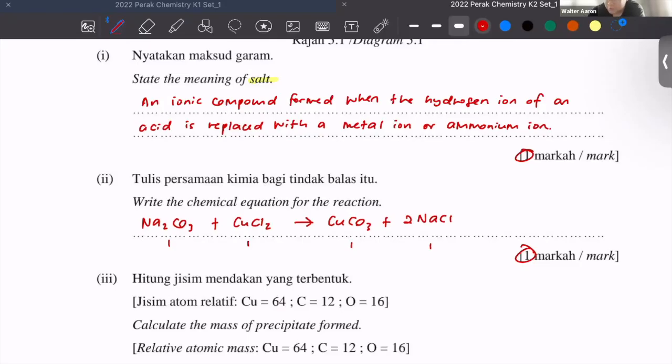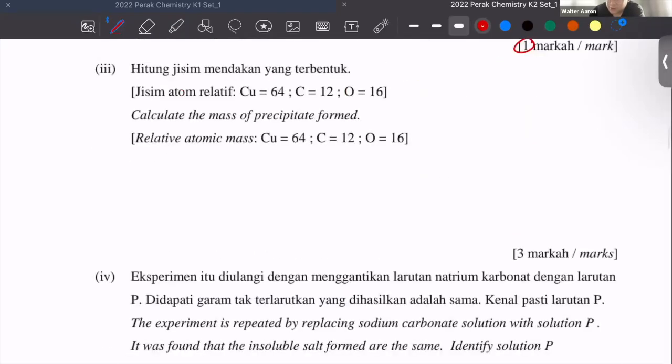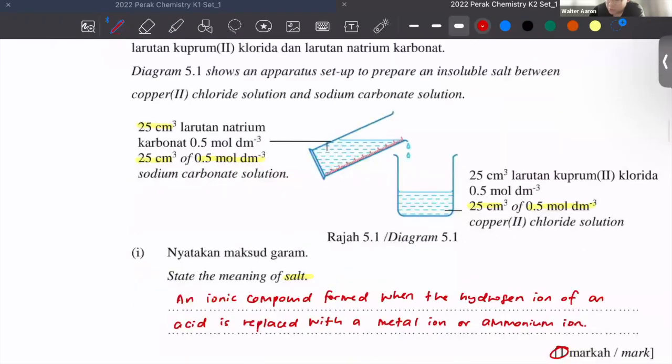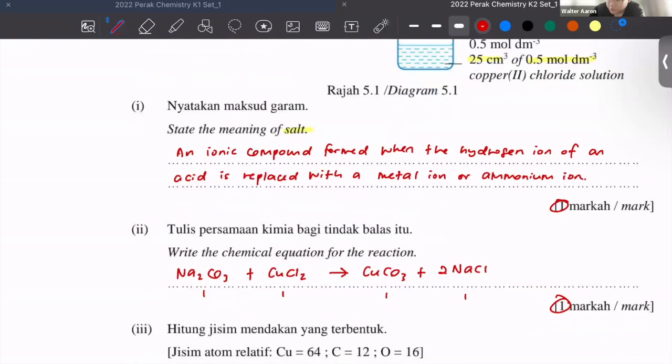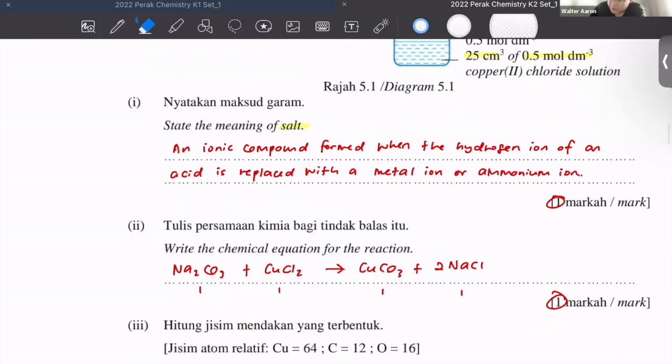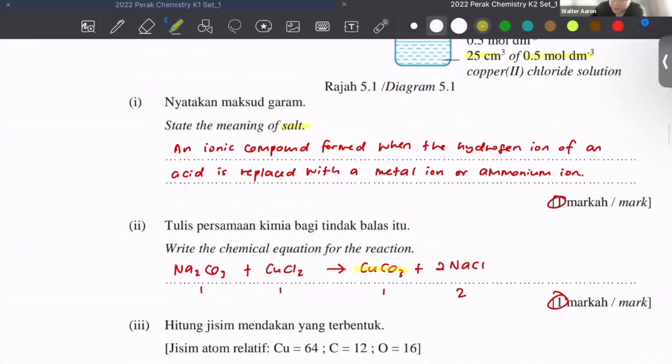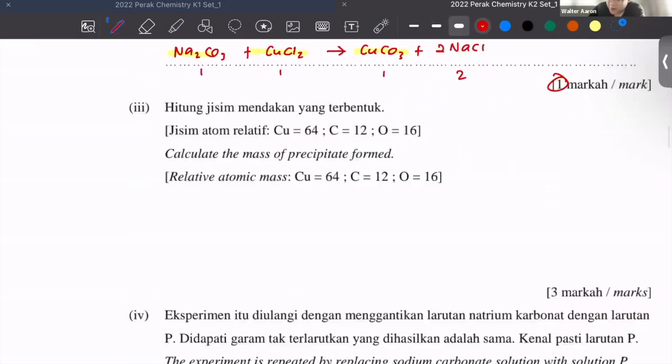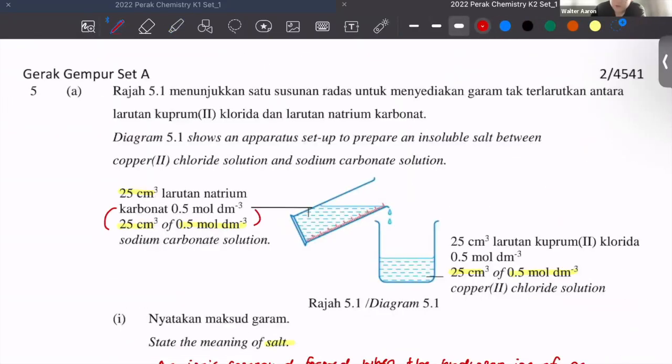So what we can do over here is to calculate the number of mole of the copper carbonate that's being formed. So all 1-to-1 ratio. Sorry, this is supposed to be 2 moles, but it doesn't matter. We're focusing on copper carbonate. So we can take any of the values over here to calculate the number of mole of the solution.